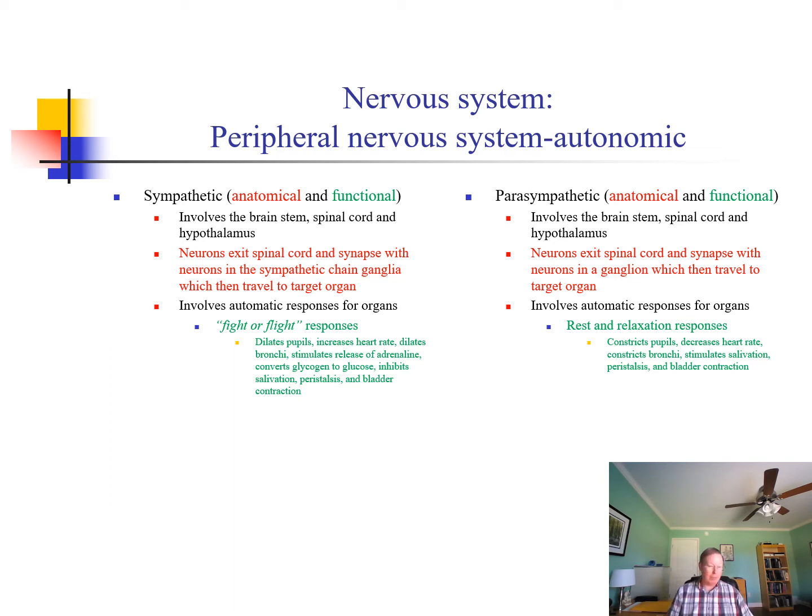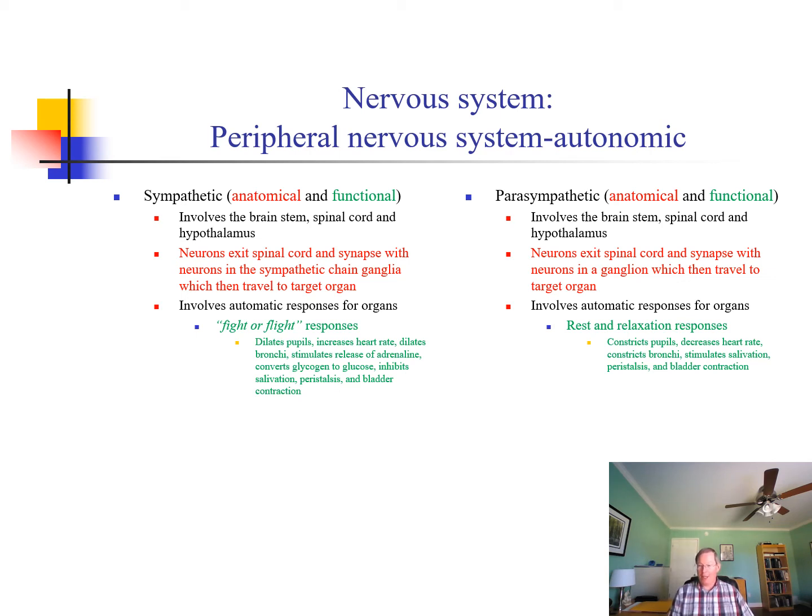I want to get as much glucose in my blood as I need. Don't worry about things like peeing or pooing or having any kind of digestive process going on, because if I don't escape from whatever imminent danger I'm faced with, I'm not going to survive, and it doesn't matter. So these fight or flight responses are part of the sympathetic nervous system.